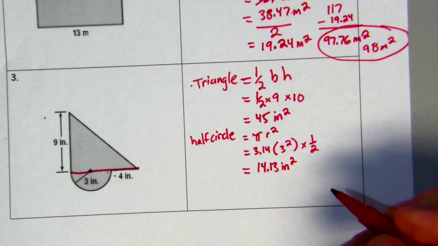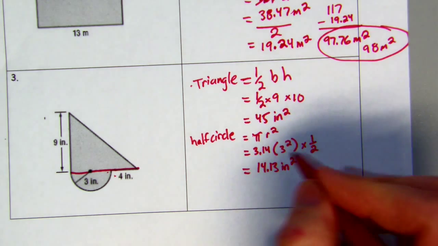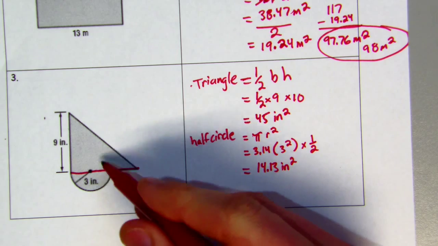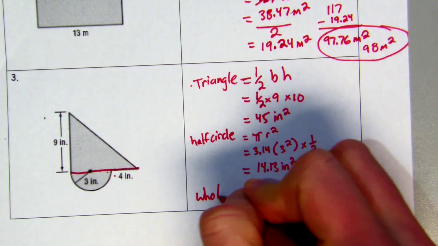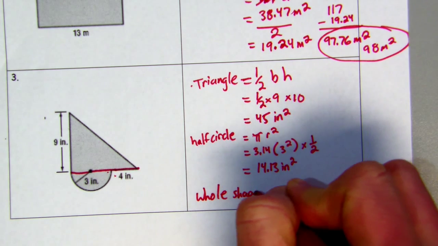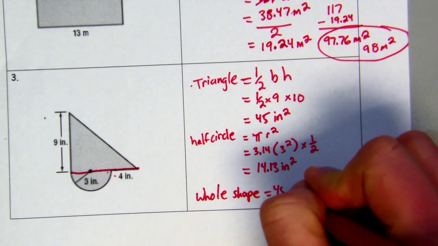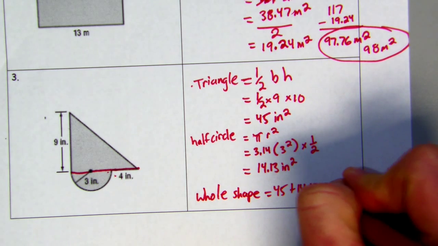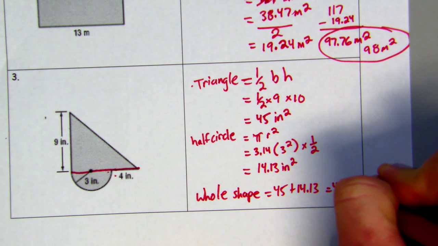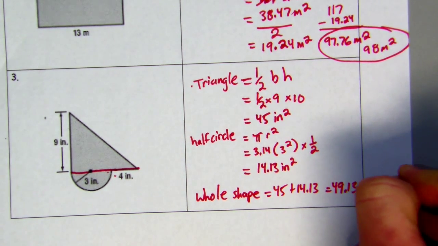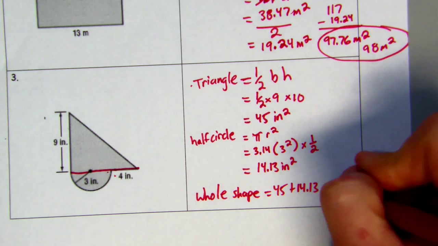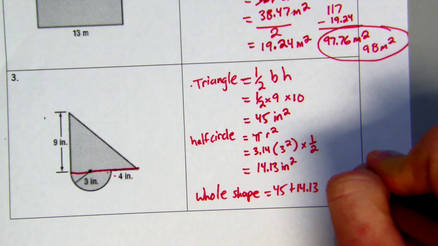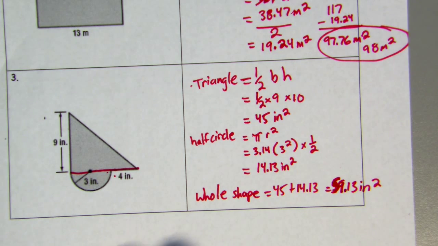So instead of subtracting these though, I'm actually going to combine these because I am combining the half circle and the triangle there. So we'll say whole shape. It's going to be 45 plus 14.13. An answer of 49.13 inches squared. Oops. Make that 59.13 inches squared.